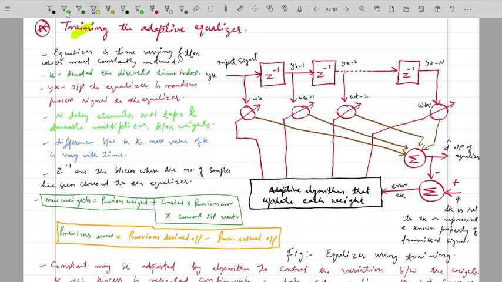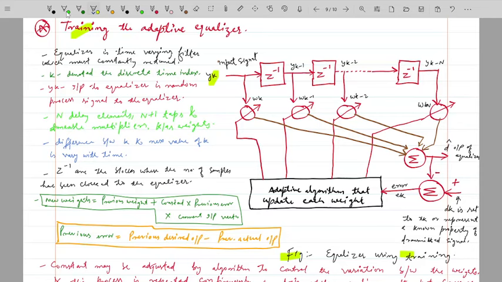Firstly, this is a diagram, the figure of an equalizer using training sequences. Here y of k is the input signal in the receiver, the input signal that goes to the equalizer.